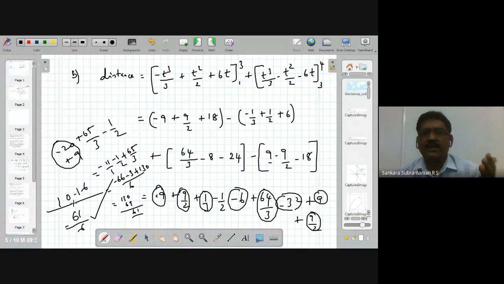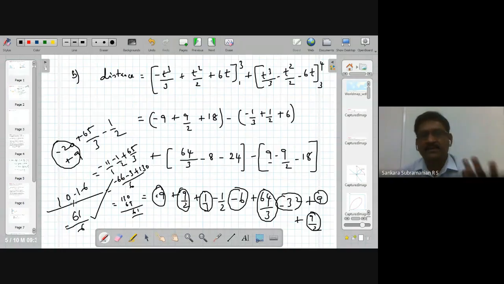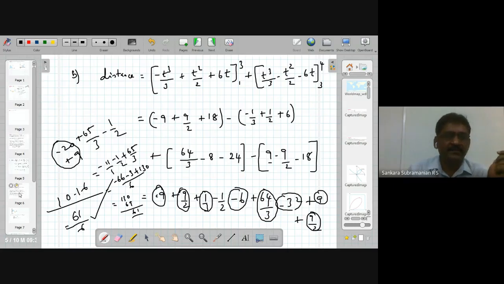Modulus of f of t will be equal to f of t, provided in that particular interval the function is always positive. If there are cases wherein the function may receive a negative value, you have to identify the subinterval and split the integral into parts. Wherever it is a negative value, you have to multiply with minus, so minus f of t, and then proceed with that. So that will be the idea.